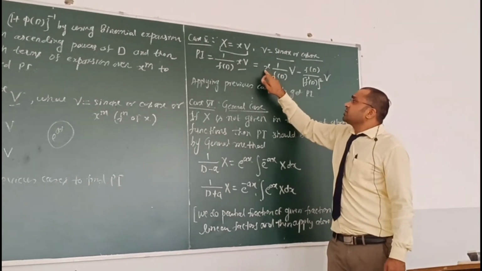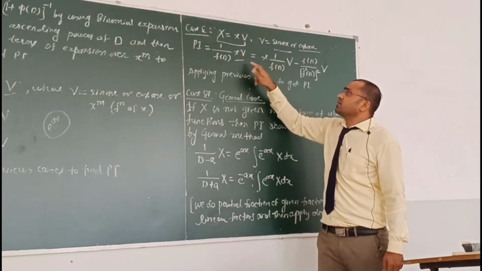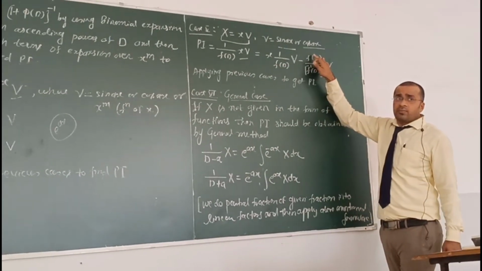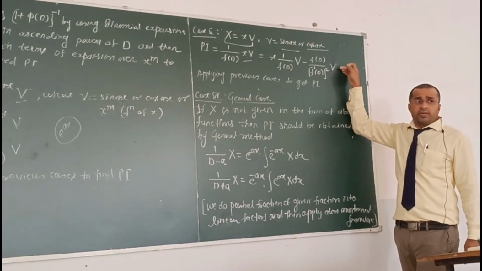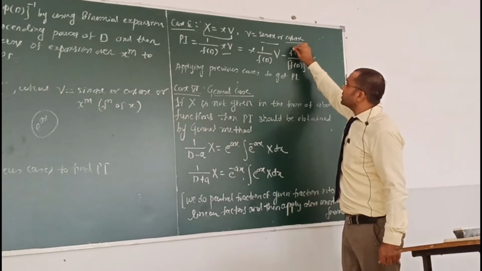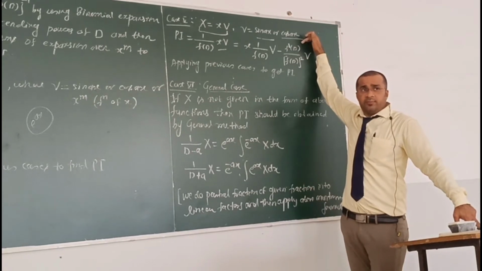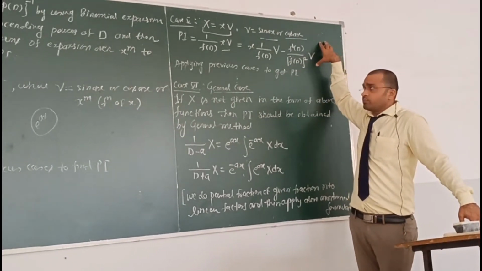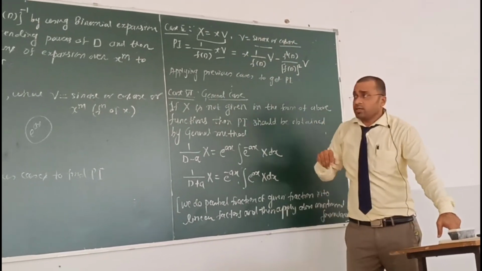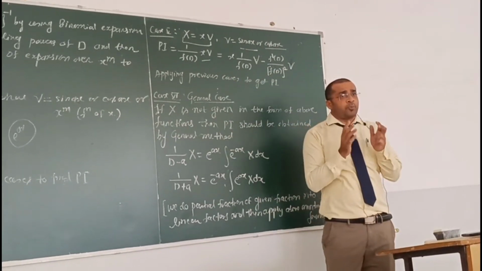It is x into v, so we write first x, then 1 upon f of d into v, minus f dash of d in the numerator, and f of d whole square in the denominator, into v. Then, applying the previous cases of sin and cos, we get the required PI. I have a doubt about the formula; here you probably have f dash. Please make the correction.